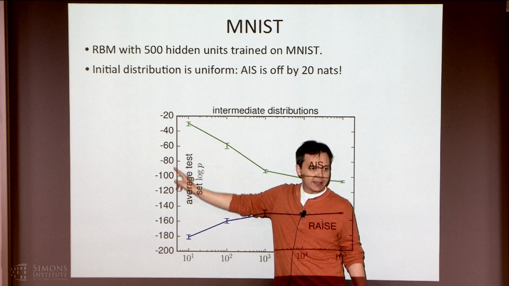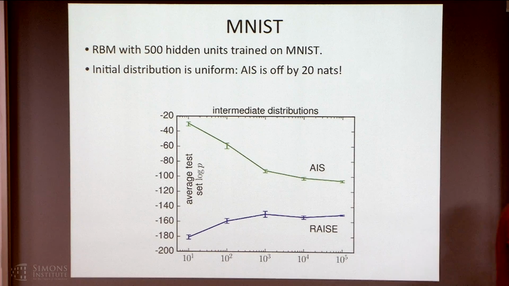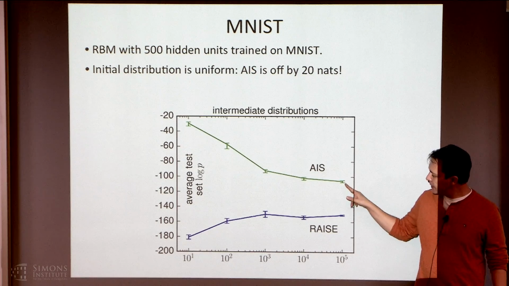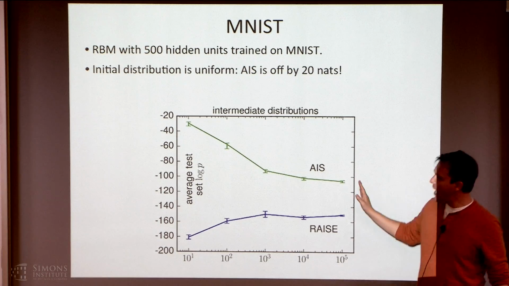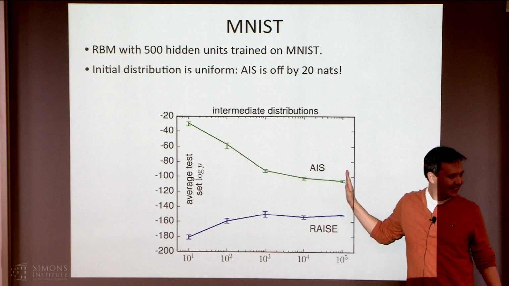Think of it in coding terms as compression: if you have a really good generative model, you can compress your data much better. Log probability is equivalent to the coding length, so these numbers are telling you how good your coding scheme is, effectively.